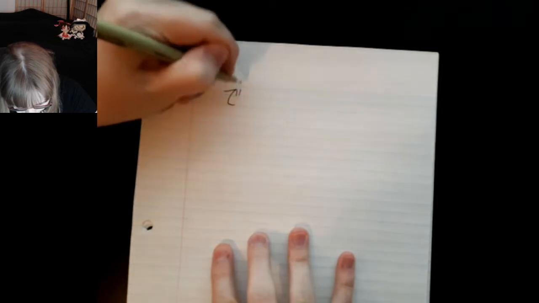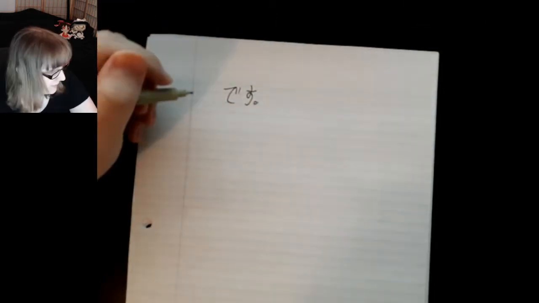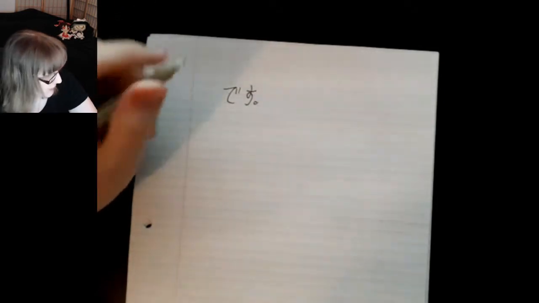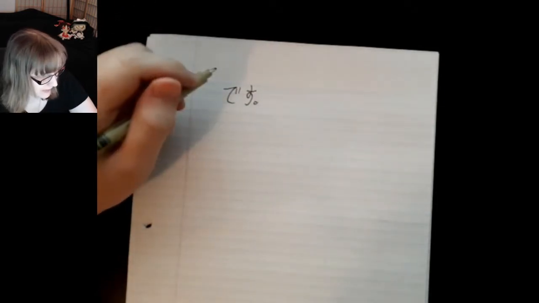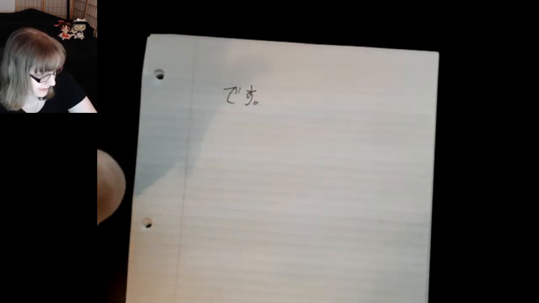Now, as I said with desu, that is how we generally modify tense in a sentence. It always goes at the end of a sentence, unless some special conjugation happens, but we'll worry about that later.